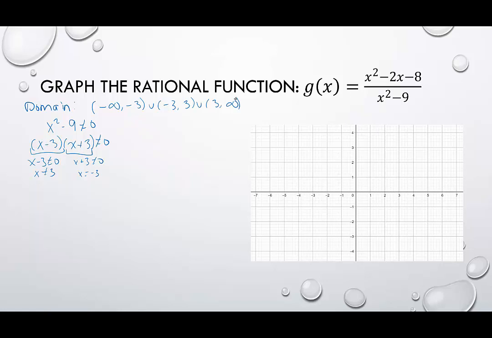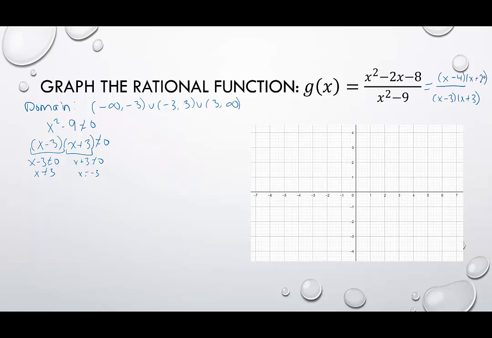Okay, so now we want to decide whether these are vertical asymptotes or holes. And the way we do that is we go back to our function and we want to factor the numerator. We've already factored the denominator. So the denominator is x minus 3 times x plus 3. And we want to see if there's any common factors between the numerator and denominator. So the numerator is going to factor into x minus 4 times x plus 2.